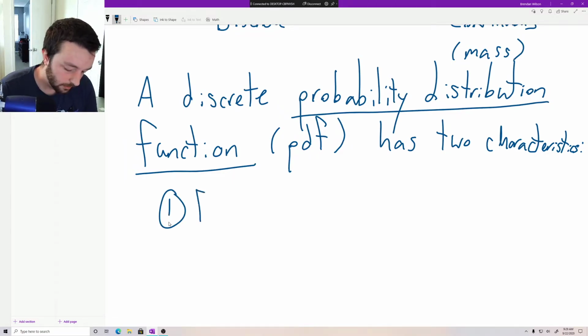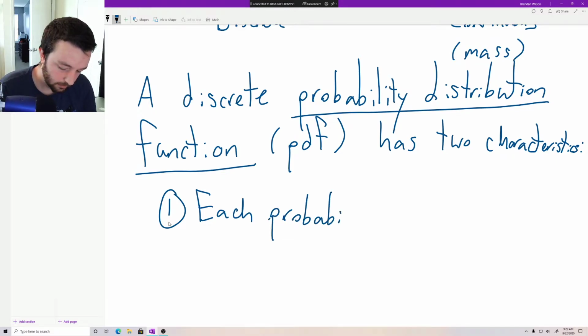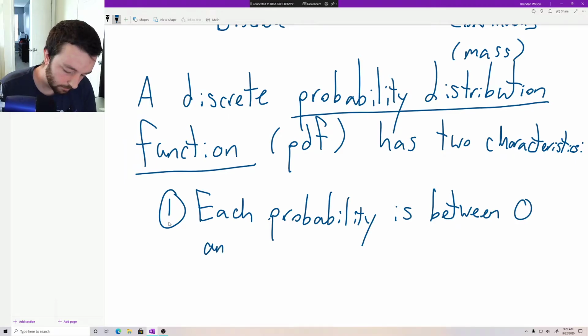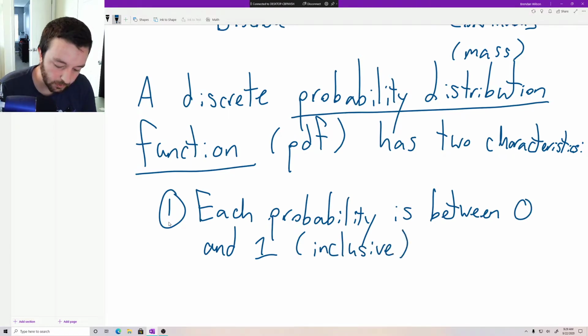One, each probability is between 0 and 1, inclusive, meaning it can be 0 or 1.